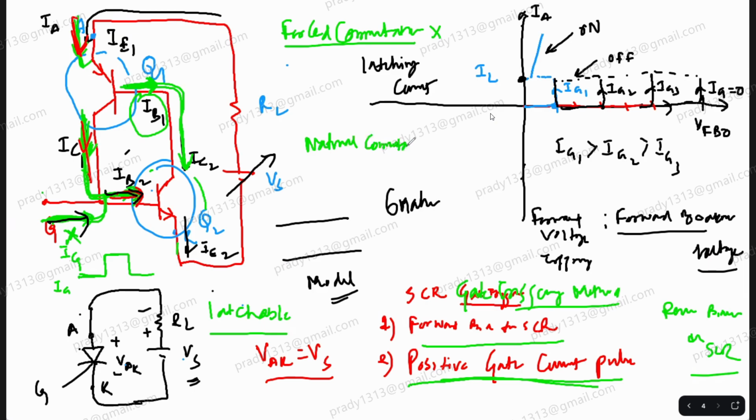In an AC circuit, do you need to do anything? No sir. If you apply AC, automatically it will reverse bias it every half cycle. So in an AC circuit, natural commutation will happen and you don't need to reverse bias it. It will automatically reverse bias it and turn it off. So every new forward bias cycle or positive half cycle, you have to apply a positive gate current pulse.